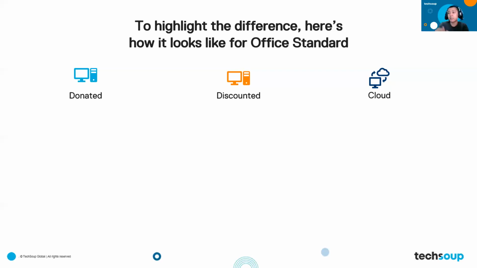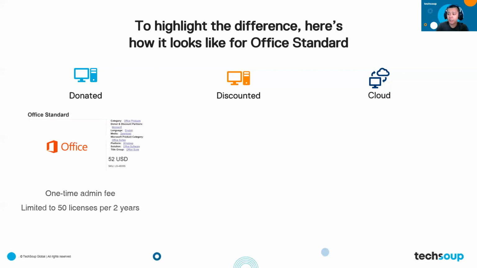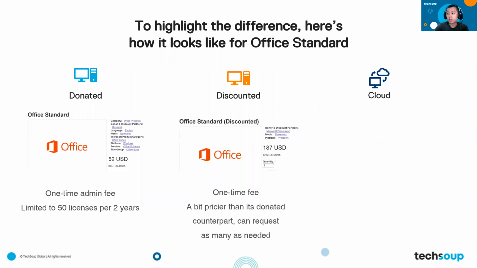The donated license, the discounted license, and cloud subscriptions. From your donated license, it's really that product right there, USD 52 per license. It's limited at 50 per organization every 2 years. And this is the common catalog that you'd usually interact with at TechSoup. Okay. Now, its discounted counterpart is this.